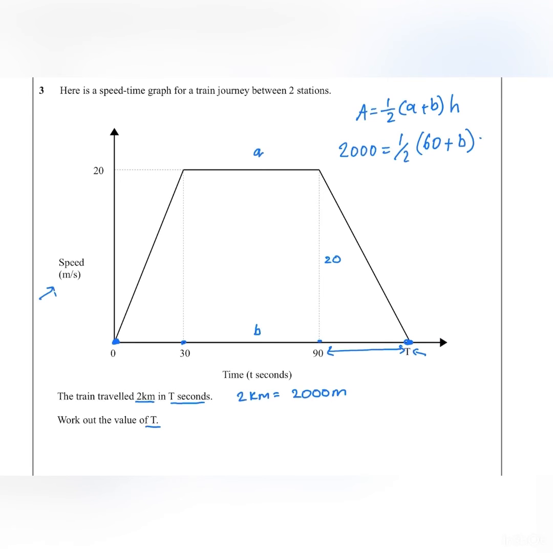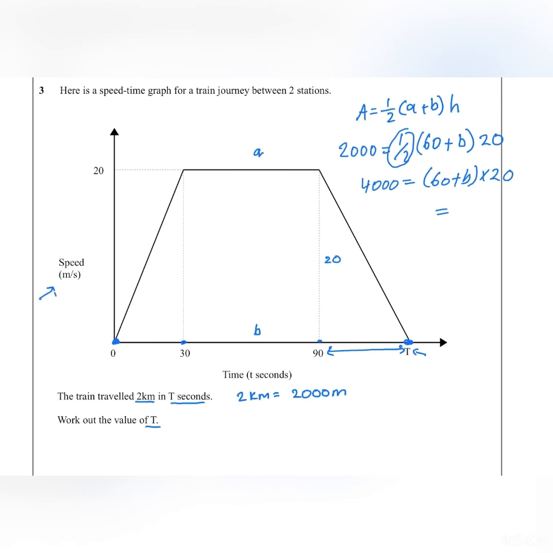And the height is 20. So if you simplify this, and times both sides by 2 to get rid of this half, we got 4,000 equals 60 plus B times by 20.